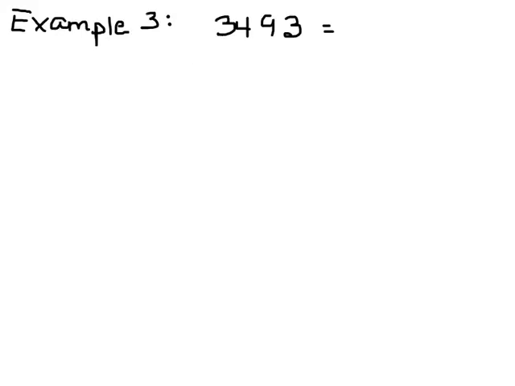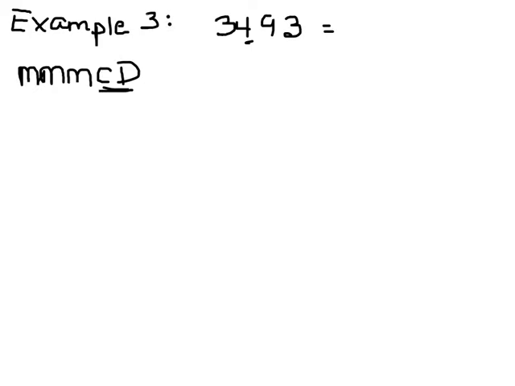Now this is a little more difficult. You've got to really think through this. Alright, 3,000. We're going to have 3 M's, obviously. And then 400. Now 400 is 100 less than 500. So let's put 100 and then our 500, and we know that these two together make 400.